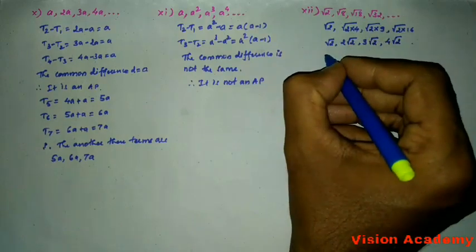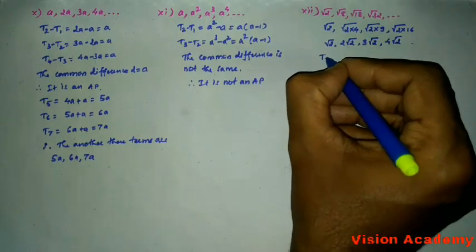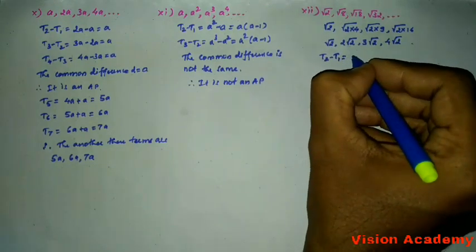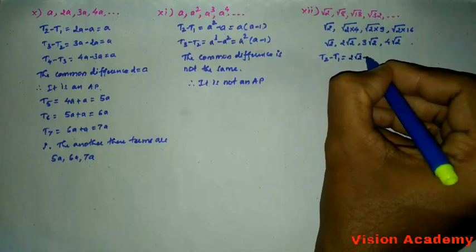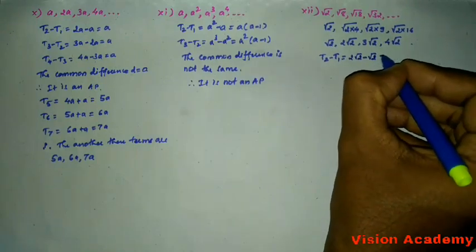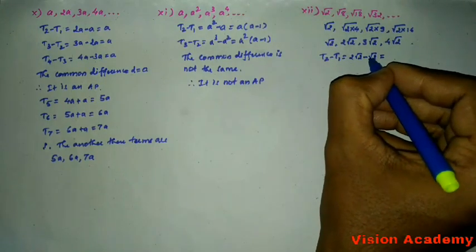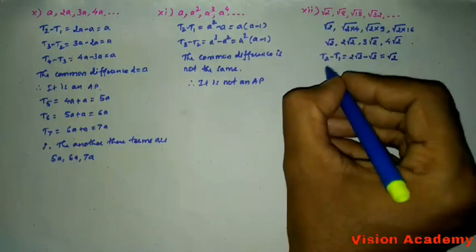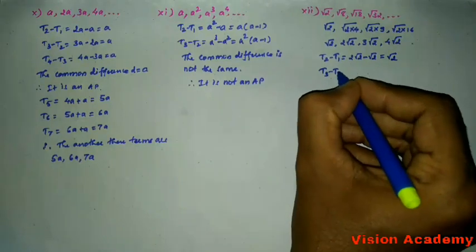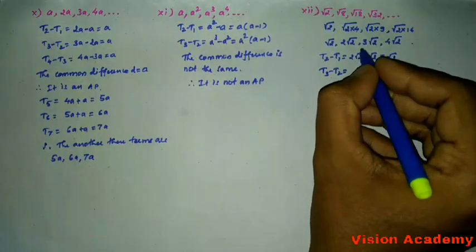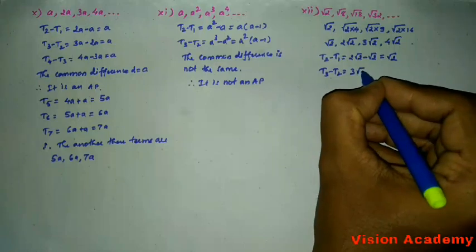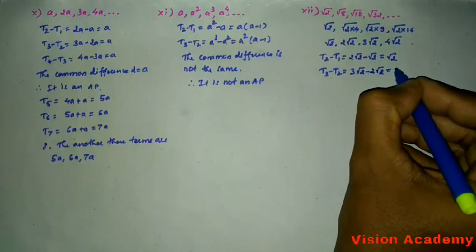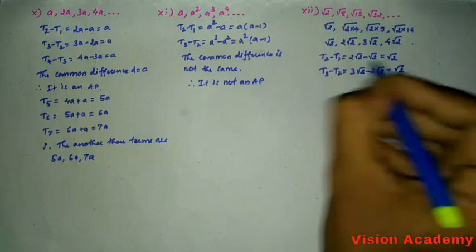Now let us find the common difference. T2 minus T1 is equal to 2 square root of 2 minus square root of 2, which gives us 1 square root of 2, that is, square root of 2. T3 minus T2 is equal to 3 square root of 2 minus 2 square root of 2, which gives me again 1 square root of 2.